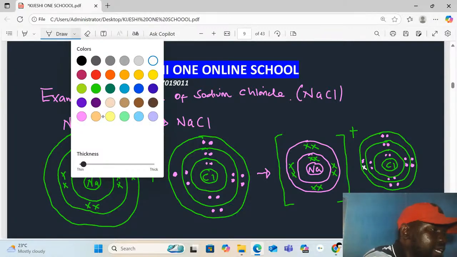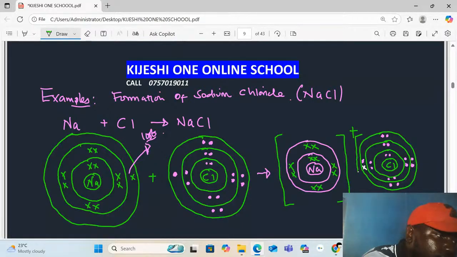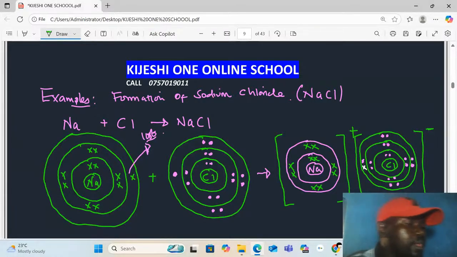So now you can clearly see it, and then you close it like this and give it its sign. Therefore, this is the sodium ion and this is the chloride ion.